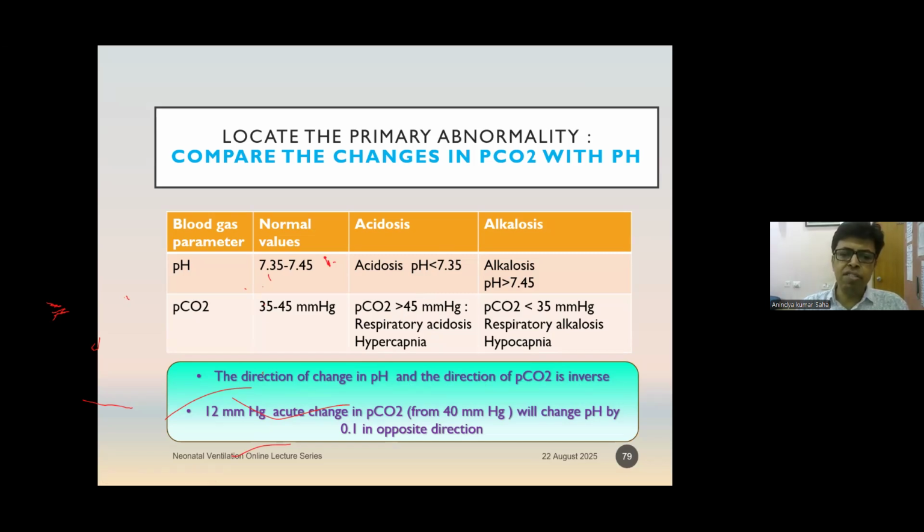And we can estimate the value also. A 12 millimeter of mercury PCO2 change from 40 will change pH by 0.1 in the opposite direction.